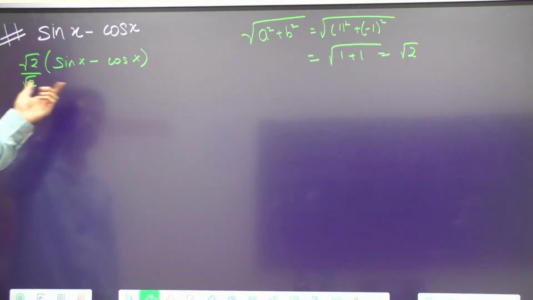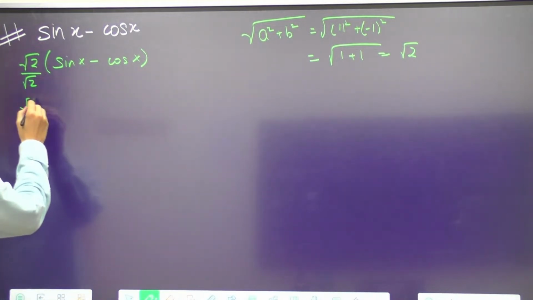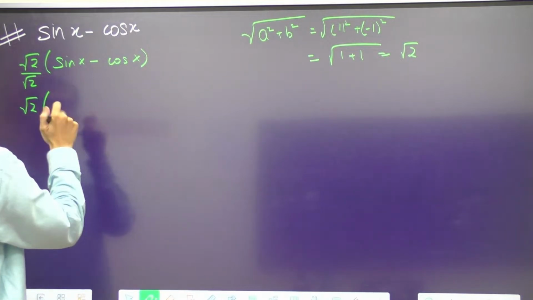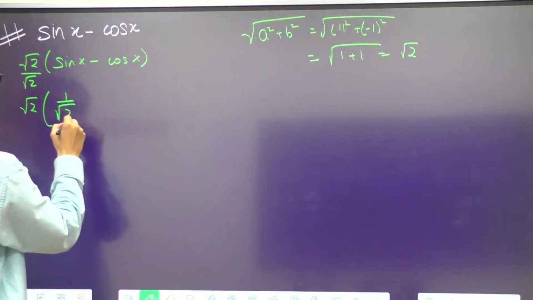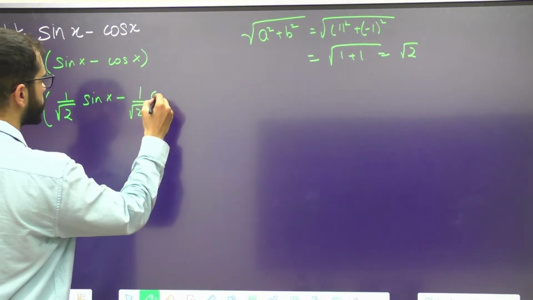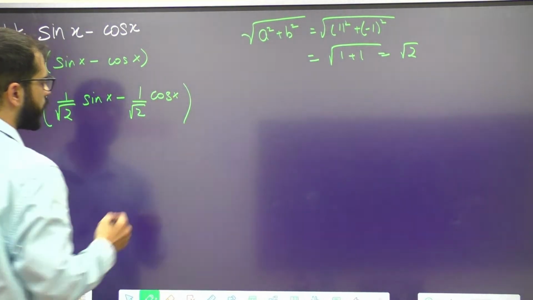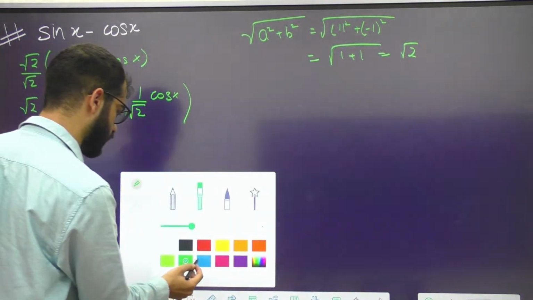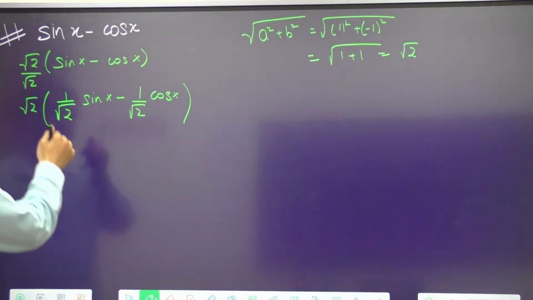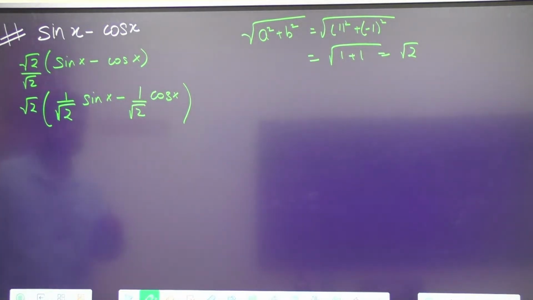Let's take the denominator inside the bracket. I am going to get root 2 times 1 upon root 2 sin x minus 1 upon root 2 cos x. Again, applying the same logic which we did in the previous topic, 1 by root 2 will be substituted as cos 45.